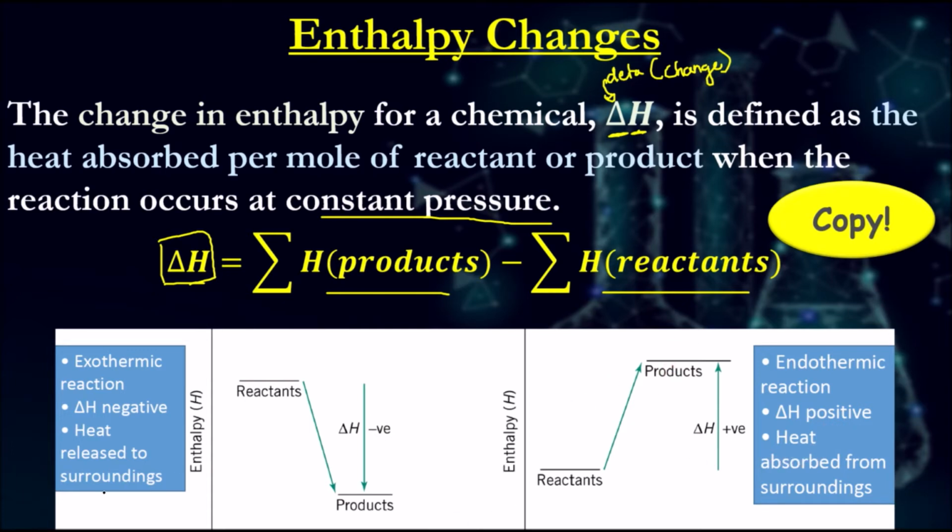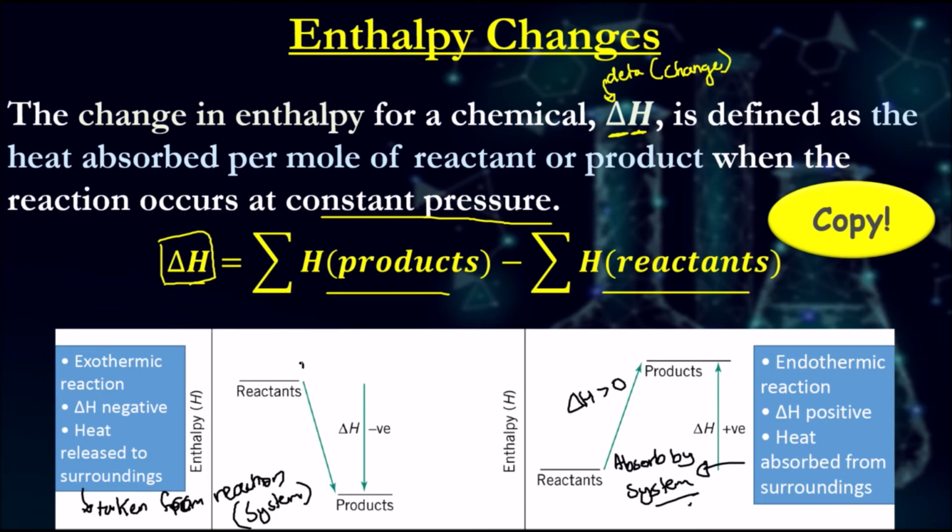So released to surroundings, we can also say taken from the reaction, which is sometimes also known as the system. The reason why delta H is positive here is because heat is absorbed by the system. Okay, so delta H is bigger than 0 for endothermic reactions, and delta H is smaller than 0 if we're dealing with exothermic reactions.